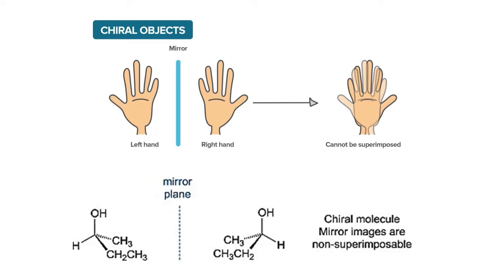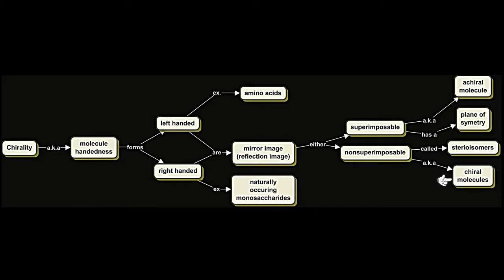Chiral objects or molecular structures cannot be superimposed, no matter how you rotate the molecular structure. So again, when we speak of non-superimposable objects, they are called chiral molecules. These non-superimposable molecular structures are also called stereoisomers.